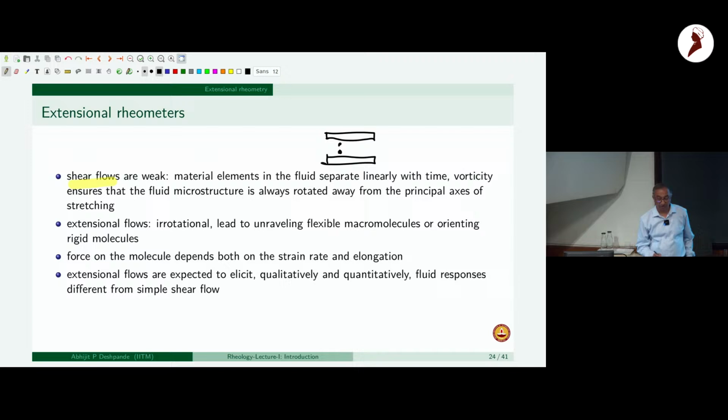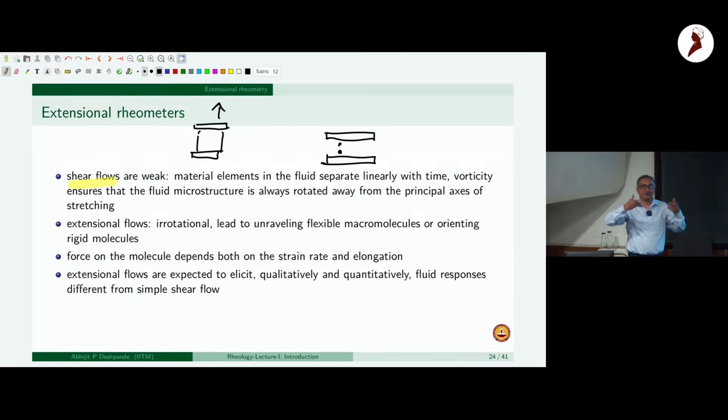But if you do a constant strain rate stretching experiment, where you take fluid between two plates and move them apart, to achieve a constant strain rate you will have an exponential separation. If you look at the position of the plate as a function of time, it's moving exponentially in time, and any two points are getting separated exponentially in time.